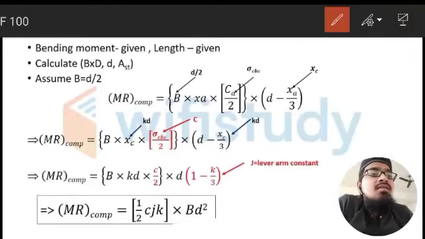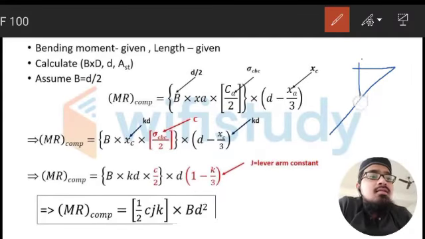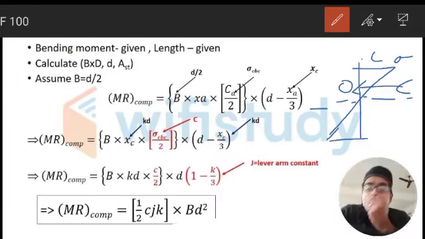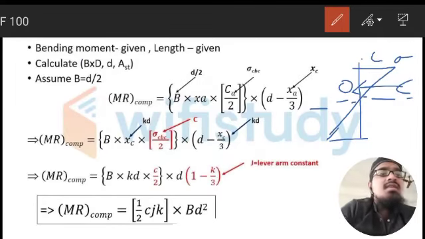So what is happening here? There is a resultant C. Here maximum stresses will be occurring, and at the neutral axis zero will be there. So CA plus 0 by 2 becomes CA by 2.